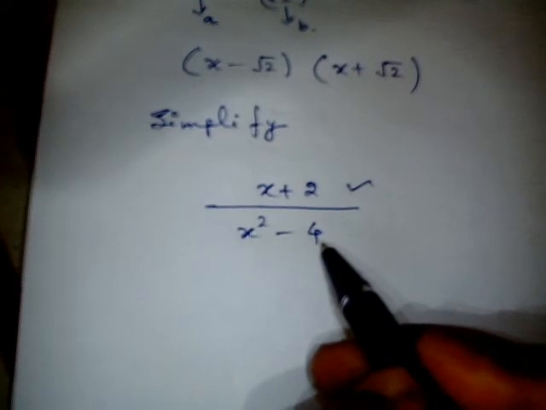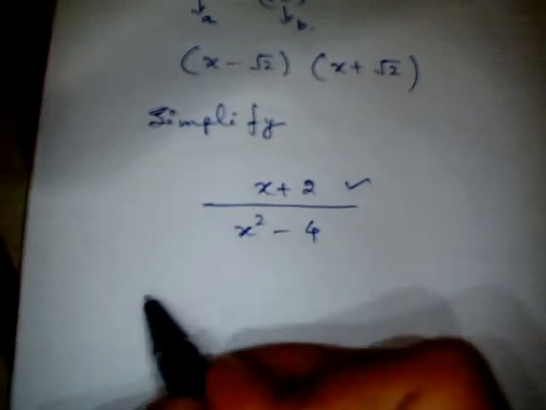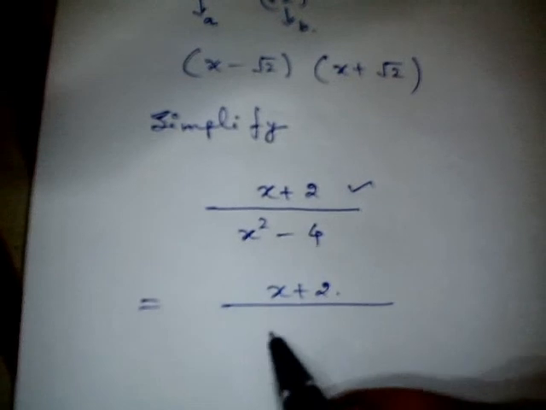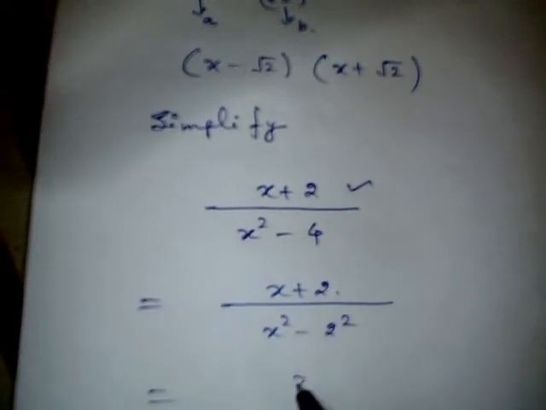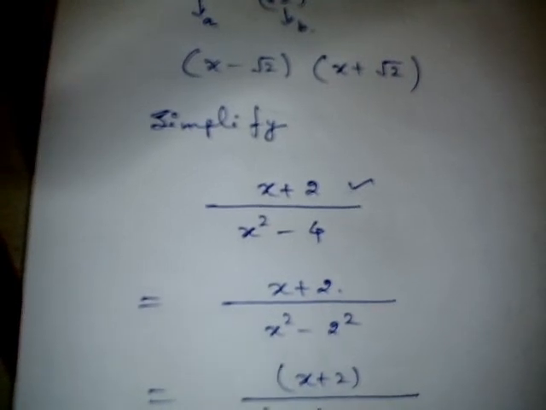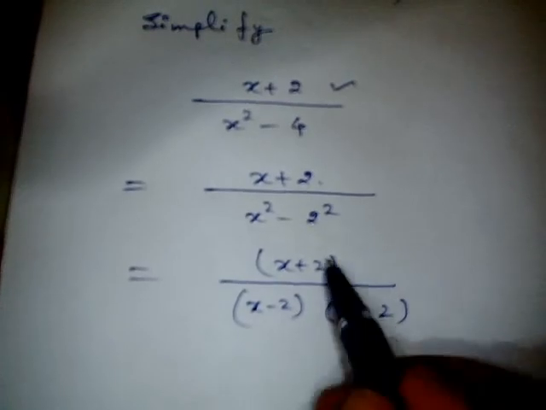In the bottom part, we factorize x square minus 2 square, and now we can apply the identity. This gives x minus 2 and x plus 2, correct? Now this and this part are the same, so they cancel out. What comes is 1 upon x minus 2. This is how we have solved it.